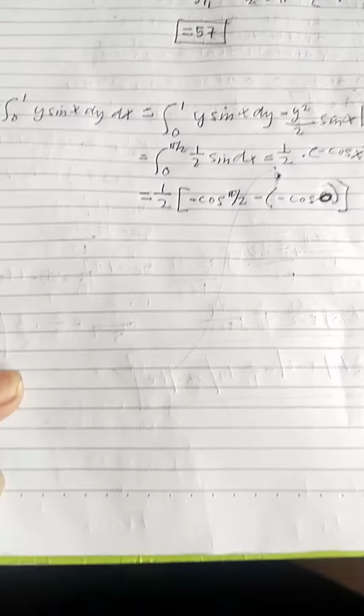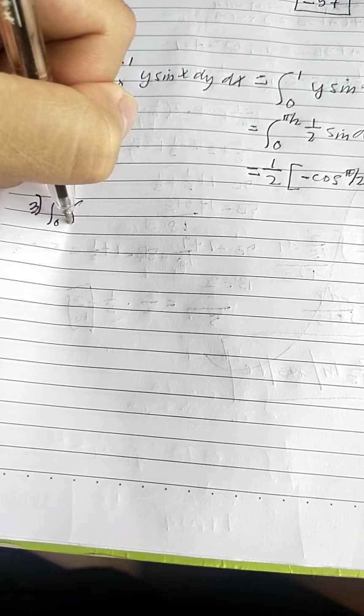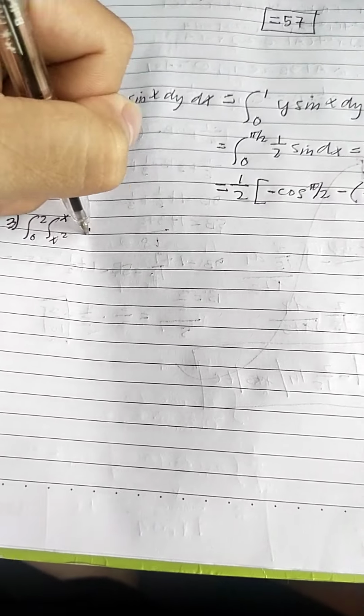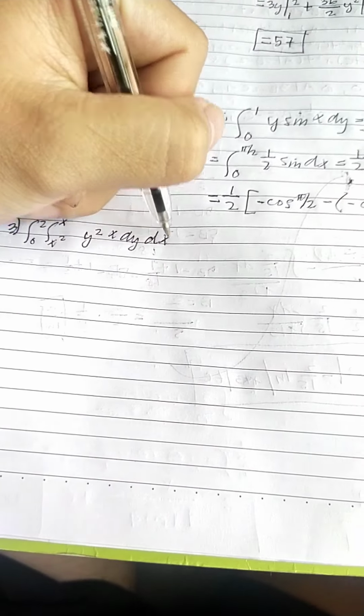So I have one more example. So in example number 3, we have the integral of 0 to 2, then the integral from x squared to x, y squared x dy dx.